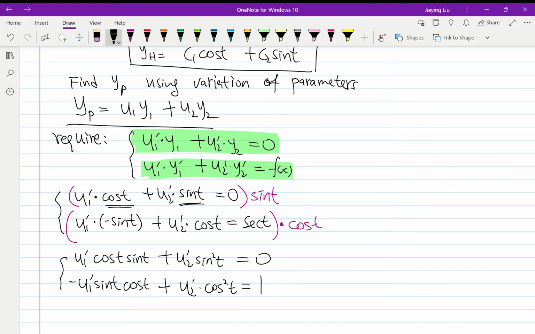So now we can eliminate, because for the u1 prime terms, we have cosine and sine attached to both, so those two terms are basically the same except for the sign. Positive and negative, when we add them, gives me 0. For the other terms, it's not that bad because we have sine squared plus cosine squared. So take equation 1 and 2 and add them together.